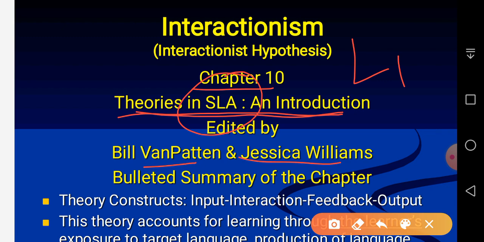When you get a language without any conscious effort, the way children learn their first language, they never demand it, but they just receive input from the siblings, from parents, from the people in the locality, in the surroundings, in the media, in the environment, and this input triggers their innate knowledge of language, and thus they acquire it.